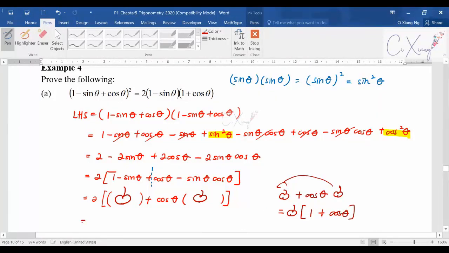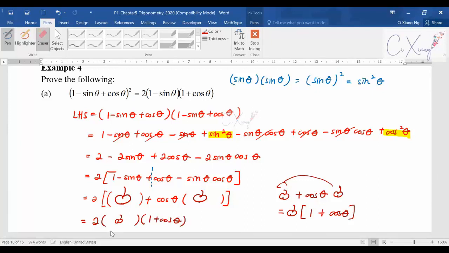Eventually, you have apple multiplied with 1 plus cos theta. So what is the apple actually? The apple is actually 1 minus sine theta, so you just write in 1 minus sine theta. And you will see that actually we get the answer.